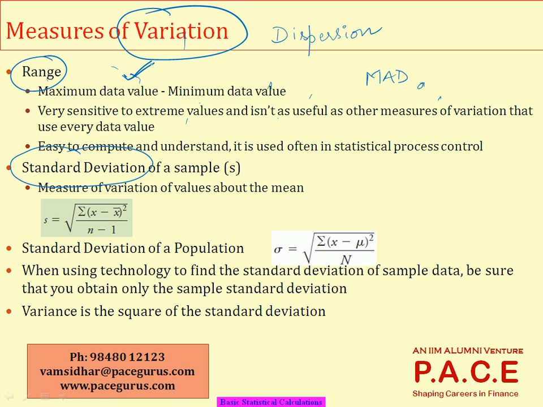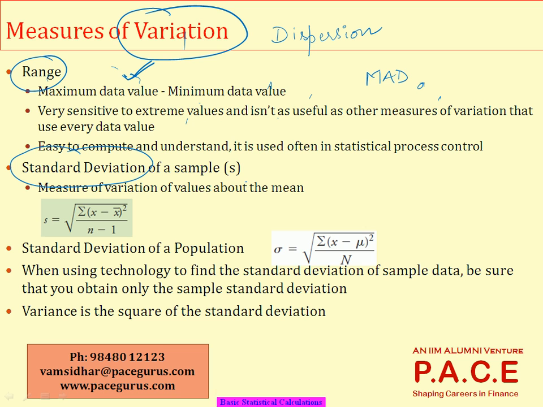So though it is easy to compute, it's not heavily used, because it relies on only two data values, and the moment one of them becomes a heavy outlier, the range gets very badly impacted. So people ignore the range for measuring dispersion in most applications.